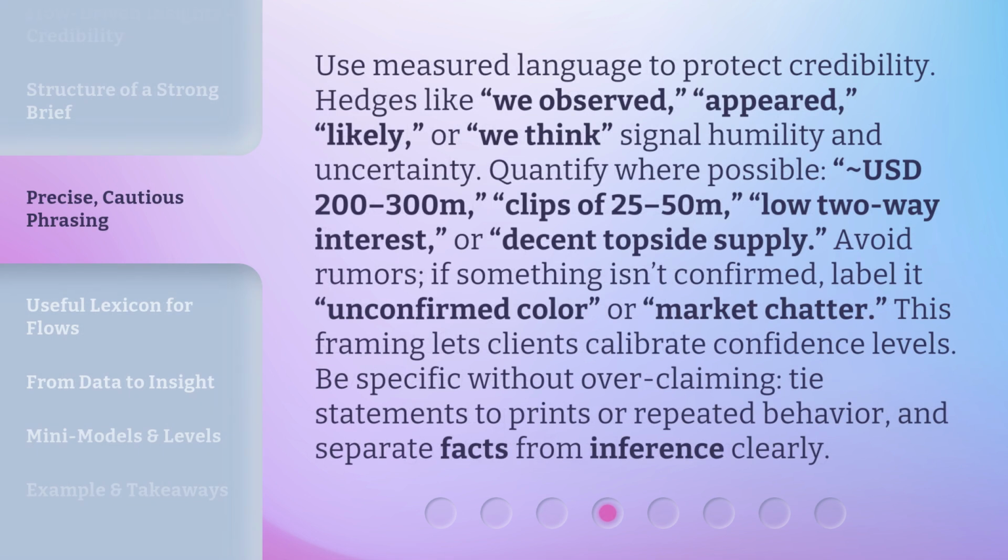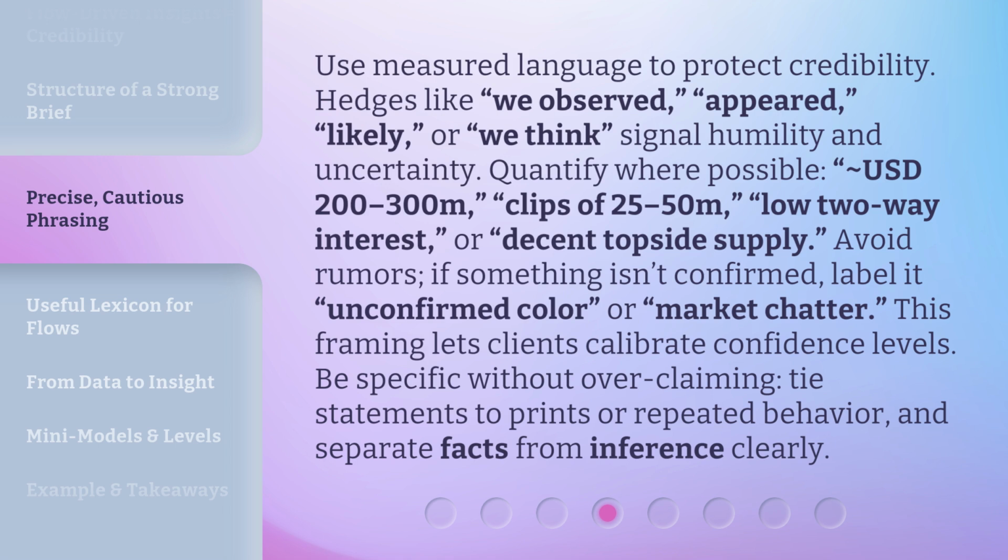Use measured language to protect credibility. Hedges like "we observed," "appeared," "likely," or "we think" signal humility and uncertainty. Quantify where possible. USD 200 to 300 mil. Clips of 25 to 50 mil.